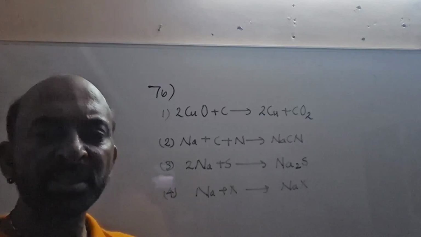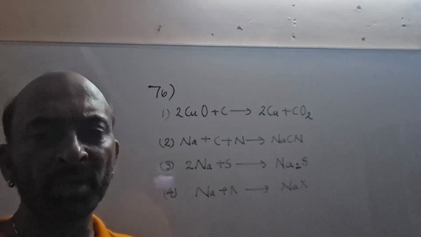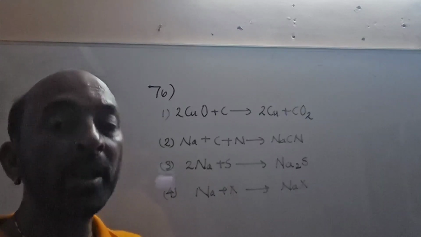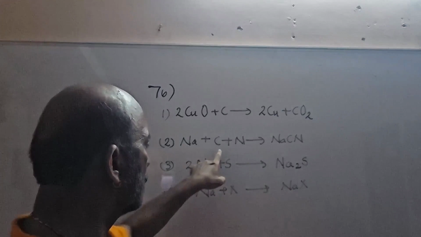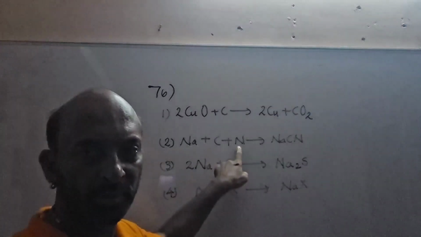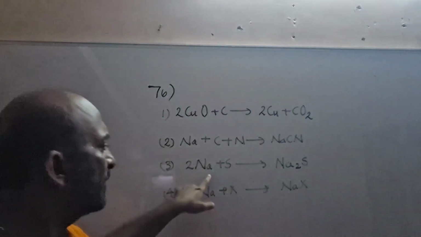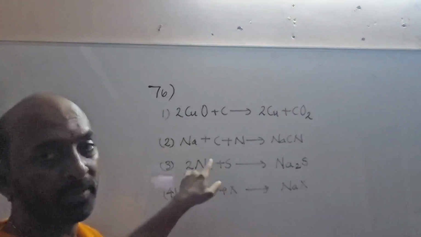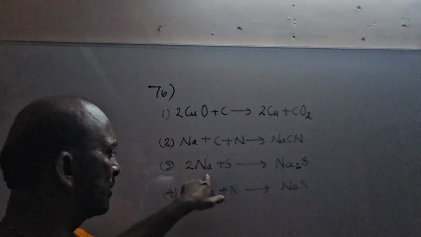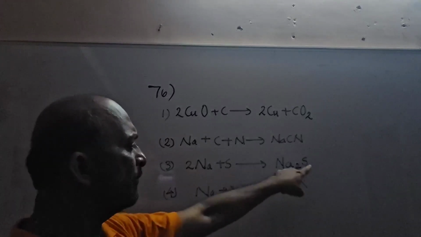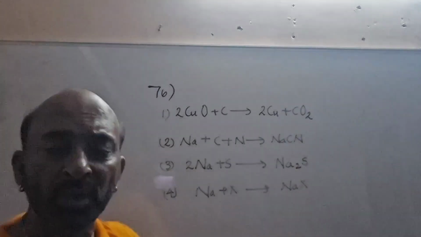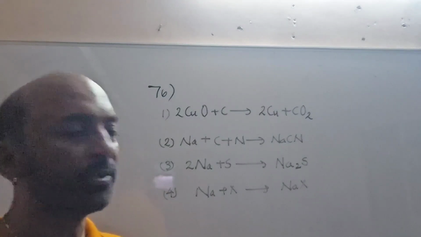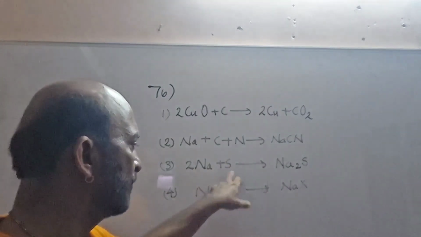If you test cyanide ion with suitable reagents and find its presence, you can be sure that the organic compound contains nitrogen. Then again, if the organic compound contains sulfur, that will combine with the sodium. Here carbon is not involved. Sodium sulfide is formed, and if you test for sulfide ion in the Lassaigne solution and it is found positive, that means the organic compound contains sulfur.